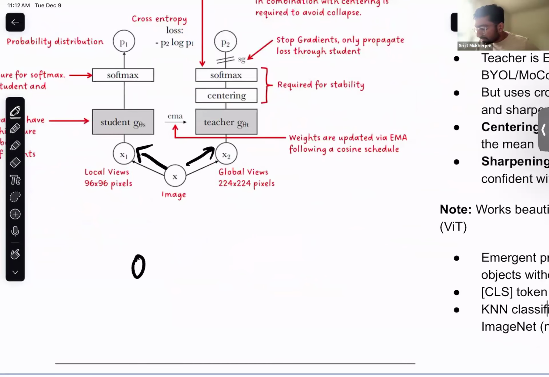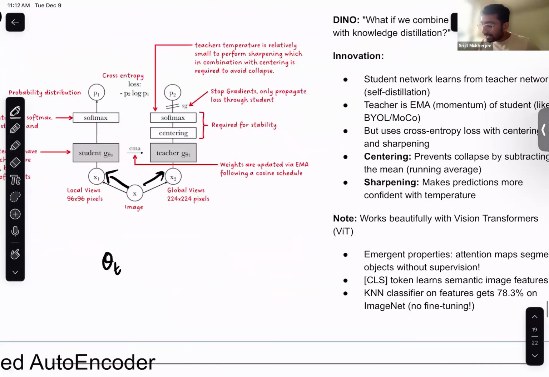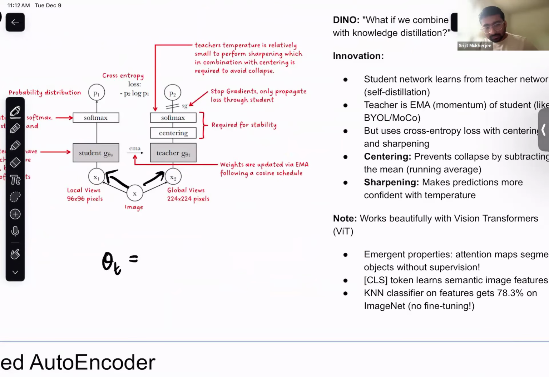Okay, so this theta t is nothing but tau of theta s plus 1 minus tau of theta t minus 1.